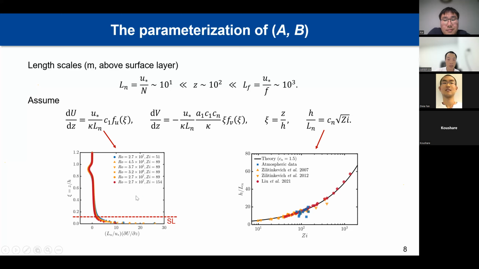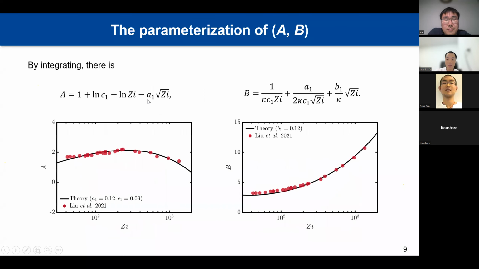Okay, with these assumptions, we integrate the velocity gradient from the top of the surface layer up to the top of the boundary layer. Then after some algebra, we can get the expressions for A and B. So in summary, to determine A and B, we only need to know three empirical constants: A1, B1, and C1.